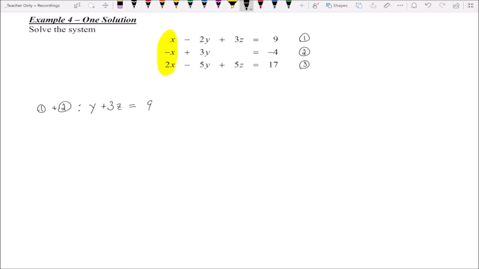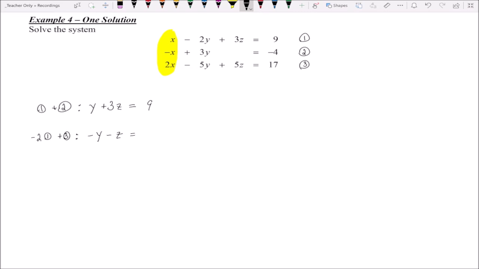Then we can add negative 2 times equation 1 to equation 3. We'll have negative 2x plus 2x, that gets rid of the x's. Then we have 4y minus 5y is negative y. Negative 6z plus 5z is negative z.